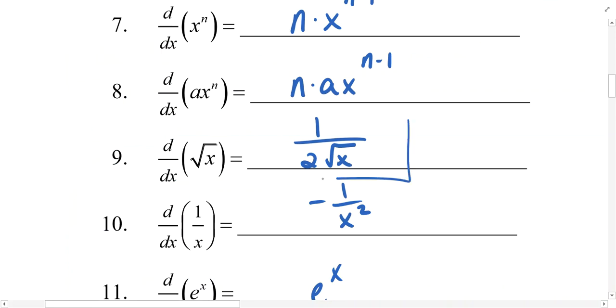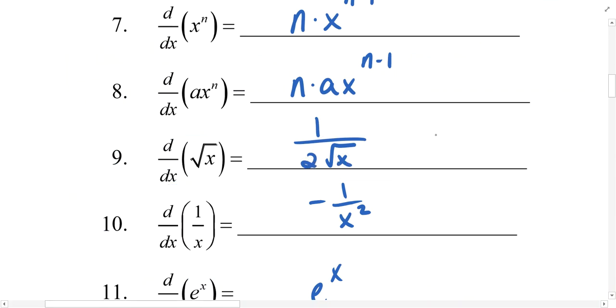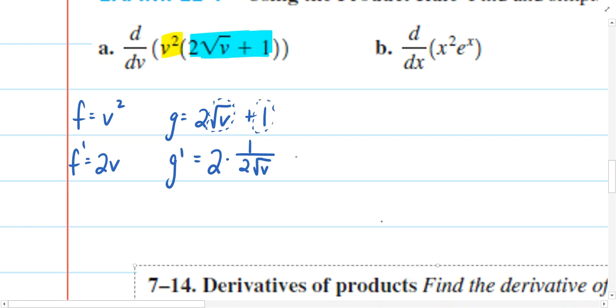In rule number 9, we said the derivative of the square root of x is equal to 1 over 2 times the square root of x, with the 2 and the radical x in the denominator. So we've got a constant in front of the function, so I'm going to copy that 2 down. The constant is unaffected. The derivative of the square root of v would then be 1 over 2 square root of v. And the derivative of the constant 1 is just 0.